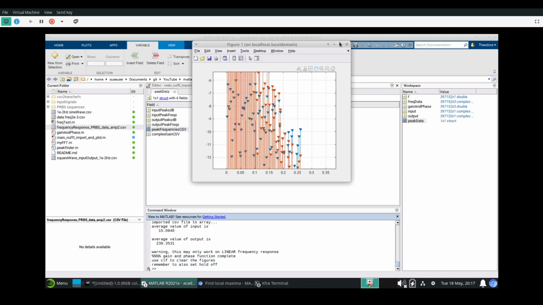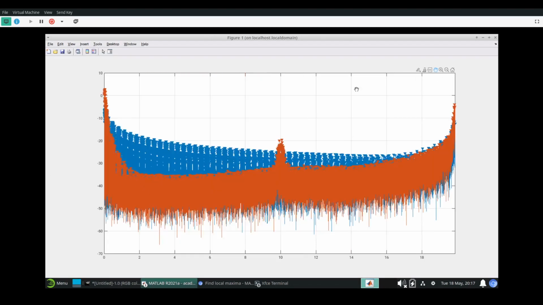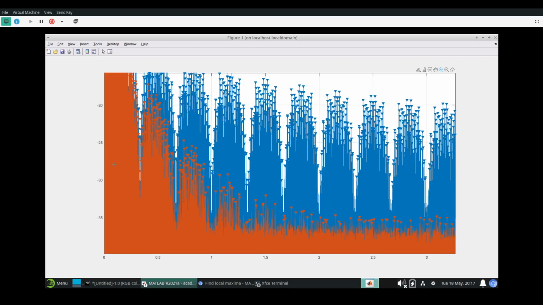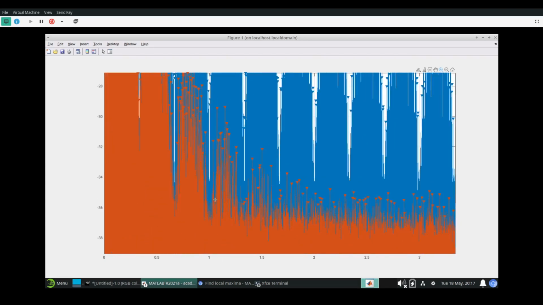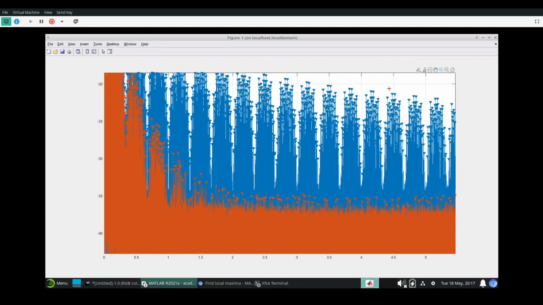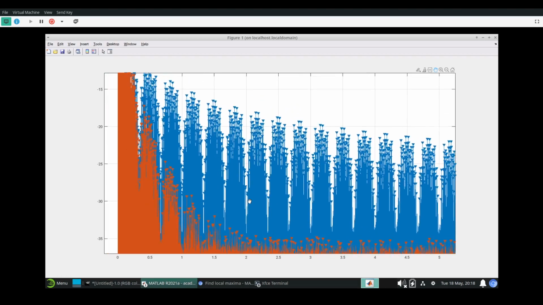So where's the noise here? The noise can be considered to be in this range, minus 35 dB. It's very hard to see, but once you take a look at this, you would easily see the noise is at maybe a minus 35 dB threshold.